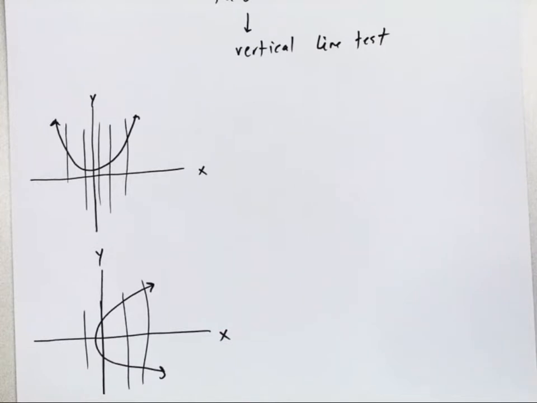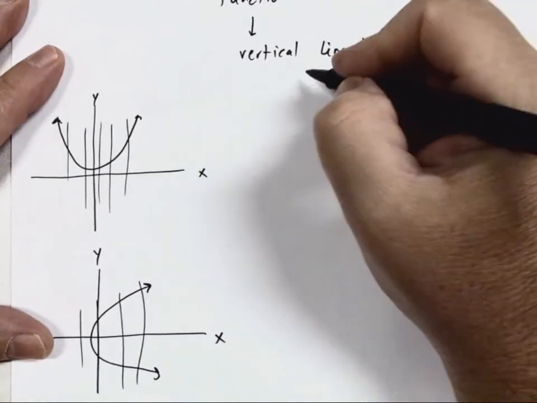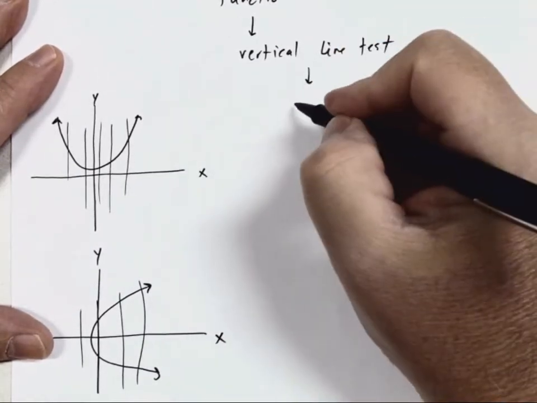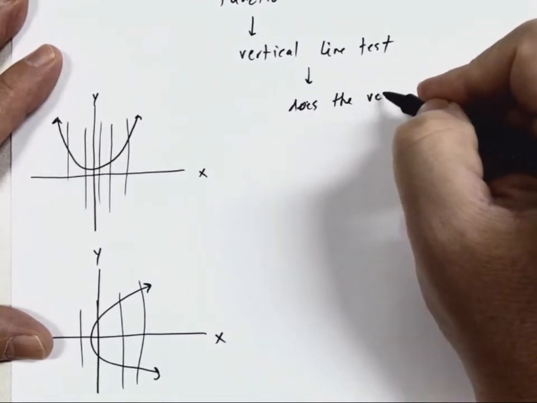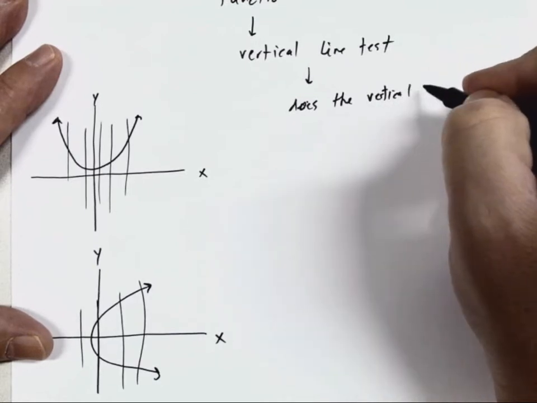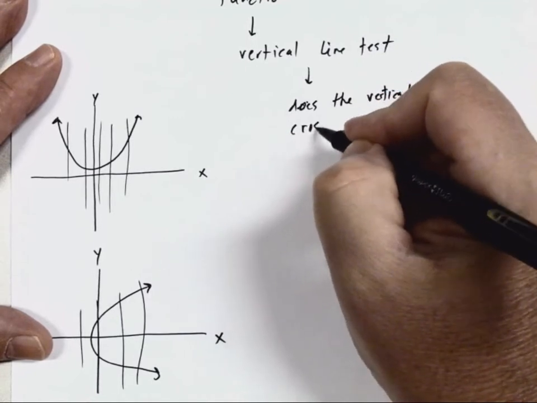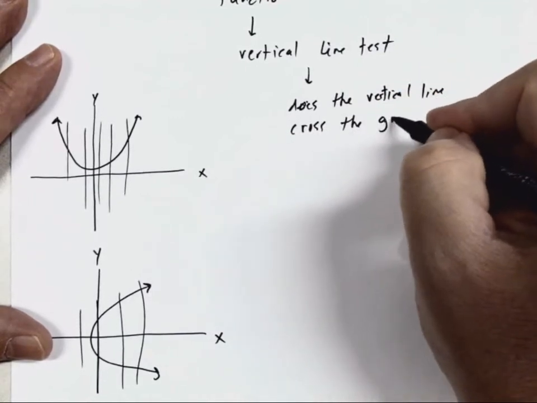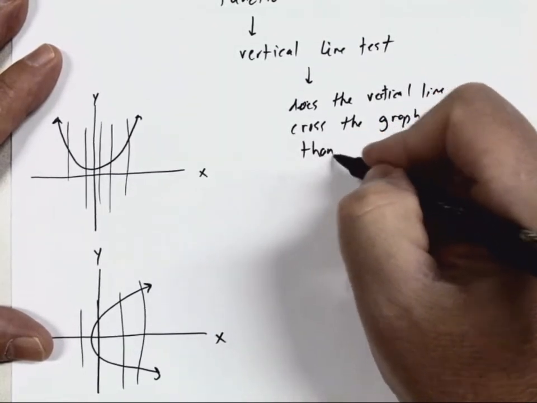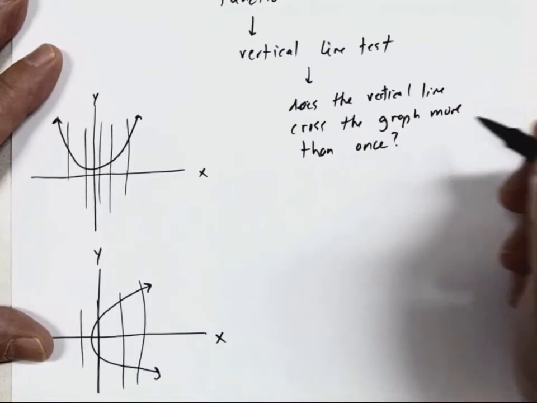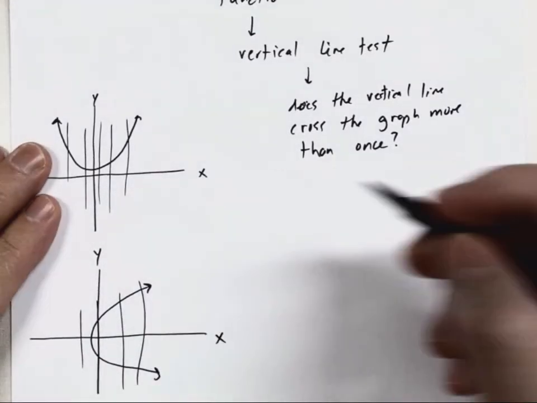Now, when you look at all those vertical lines, you ask yourself the question, does the vertical line cross the graph more than once? So let me give you the answers, then we'll look at these examples.